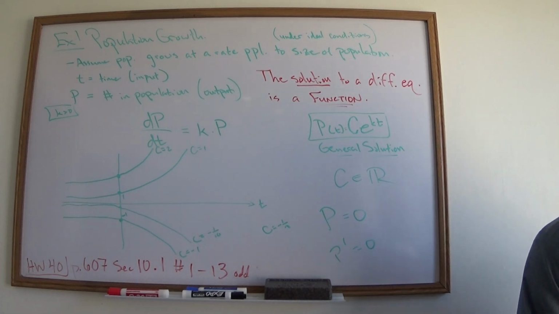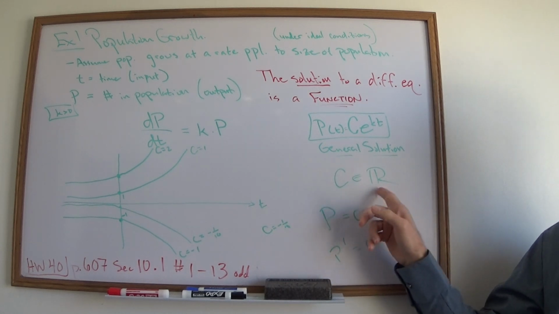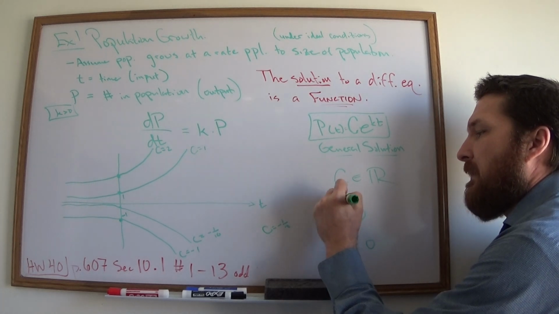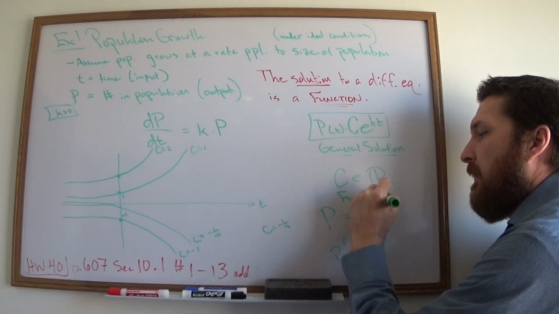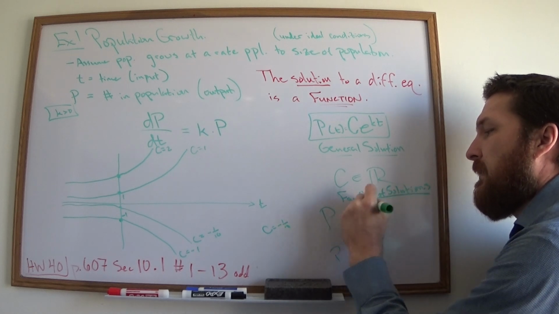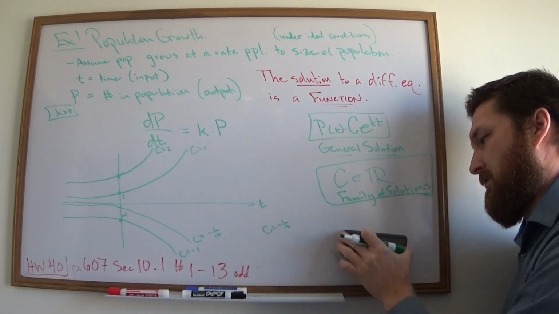That's called a family. As we let c vary through all the different real values, you get what's called a family of solutions. It's a big family. It's an infinitely large family. Uncountably large, actually.